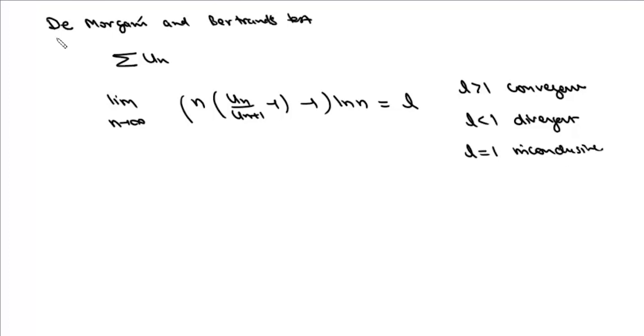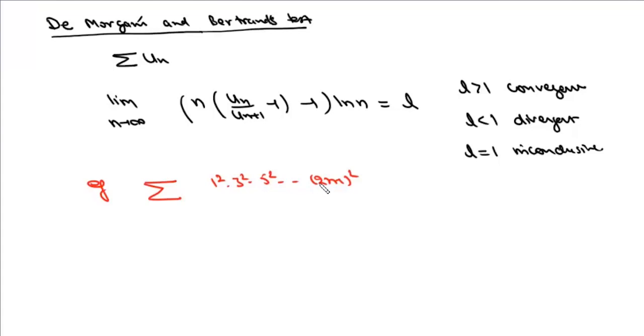So if Raabe's test is inconclusive, we'll use De Morgan's and Bertrand's test. Say for example, we have to test for the convergence of this series: 1 square, 3 square, 5 square up to 2n minus 1 whole square upon 2 square, 4 square up to 2n square.